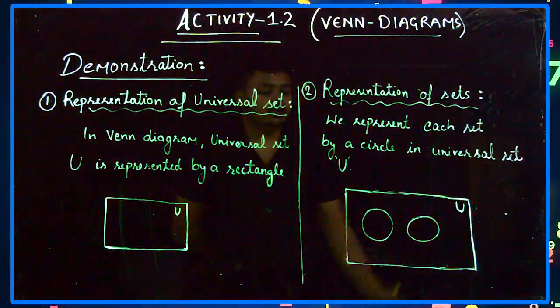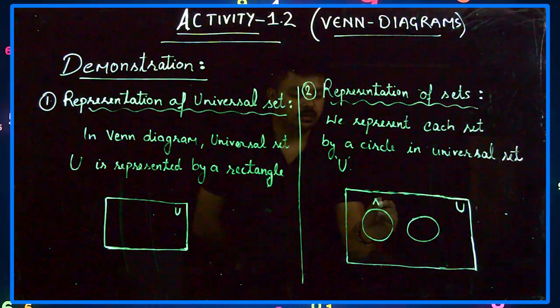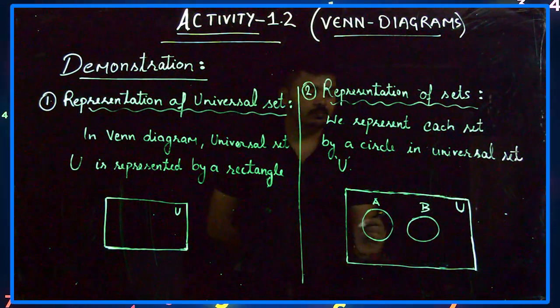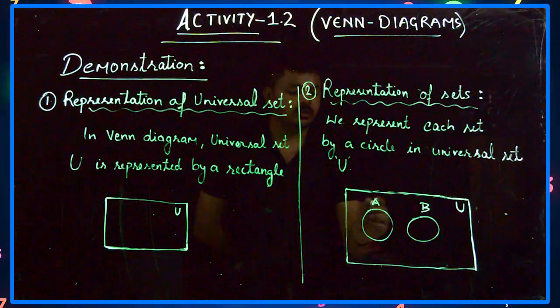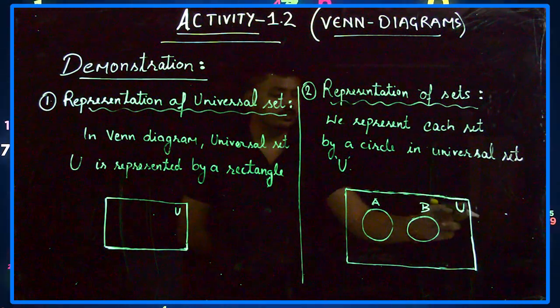So this rectangle represents the universal set, and the two circles are set A and set B. That is, A and B, the two circles, represent the two sets inside the universal set U.